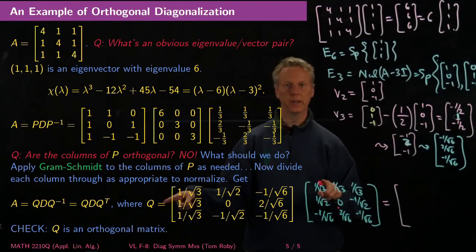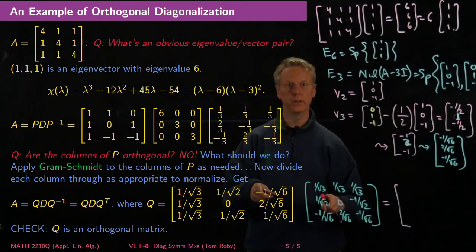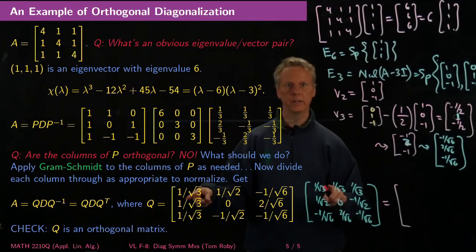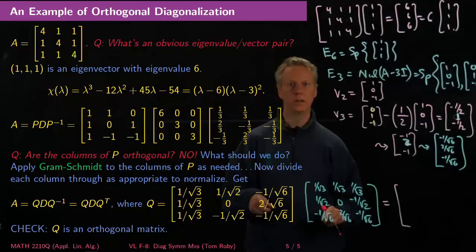I should be taking this row dotted with this, so I get over the square root of 6.